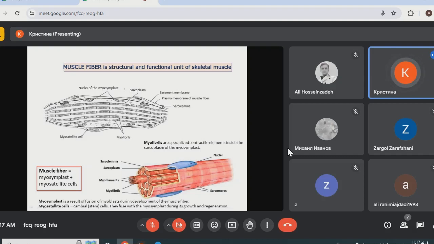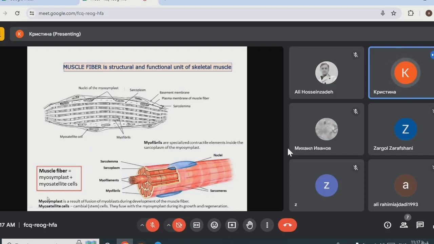So cytoplasm is sarcoplasm. Cytolemma is called sarcolemma, and together sarcolemma with the basement membrane will be the membrane of the muscle fiber, sarcolemma. It includes the plasma membrane of the muscle fiber and the basement membrane, which covers both myosymplast and myosatellite cells.